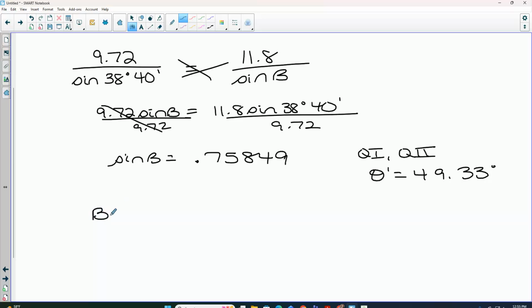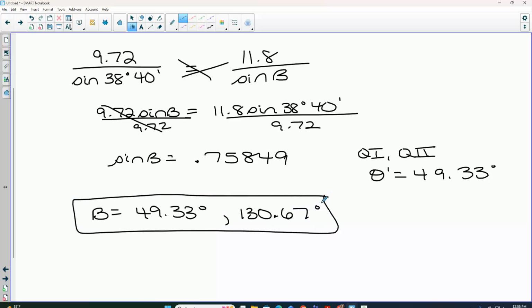So then, in quadrant 1, that would be our angle. In quadrant 2, you have to do 180 minus that, and you get 130.67 degrees. So those were the two possibilities there.